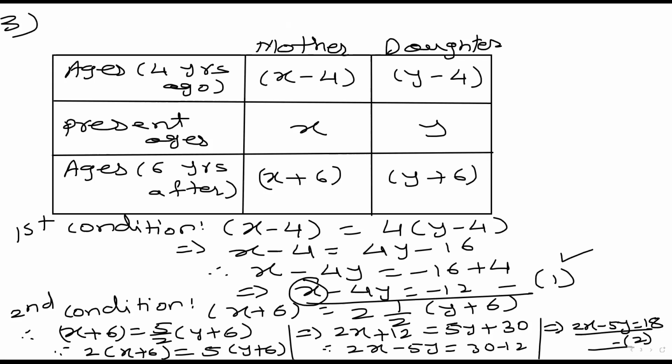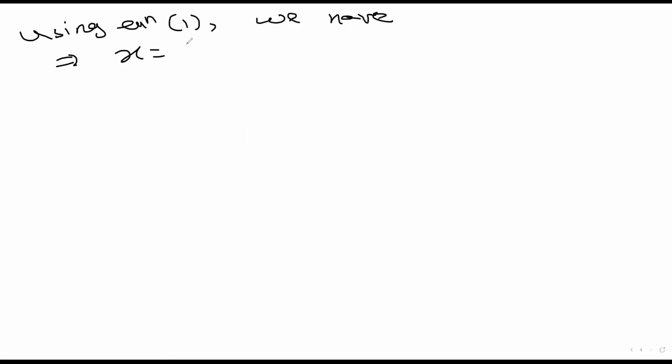Okay, so let's go. Using equation 1, we have X is equal to 4y minus 12.